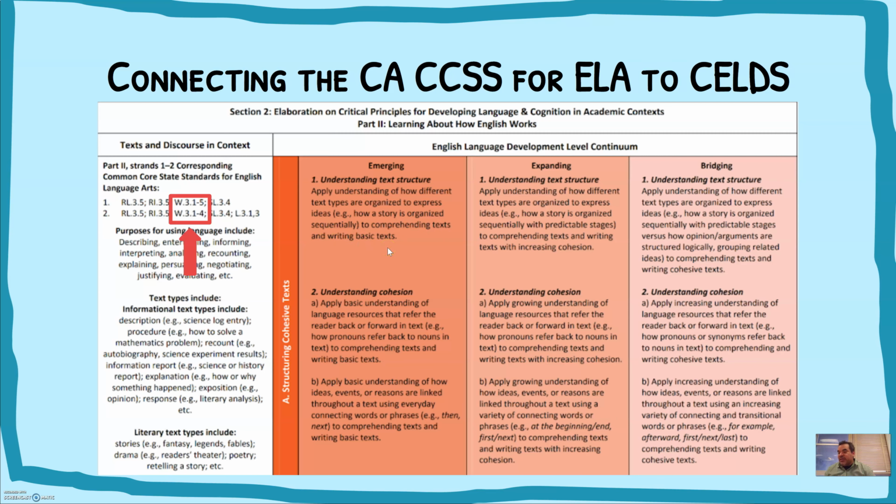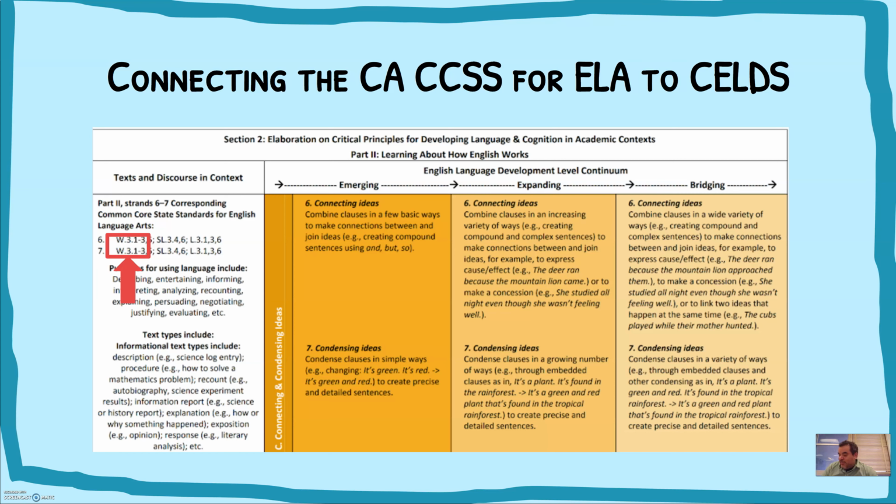So we can use our ELD time to reinforce the concept of Common Core State Standard W33 by elaborating on the sequence structure of a narrative. It would be a double dose for our English learners by reinforcing a concept they were introduced to during their ELA block.